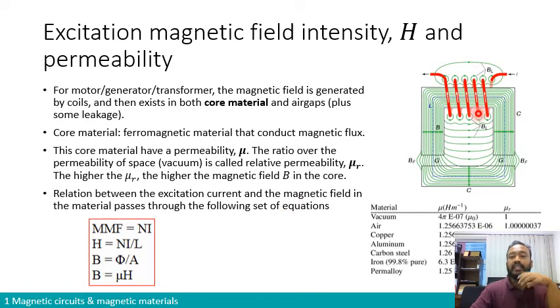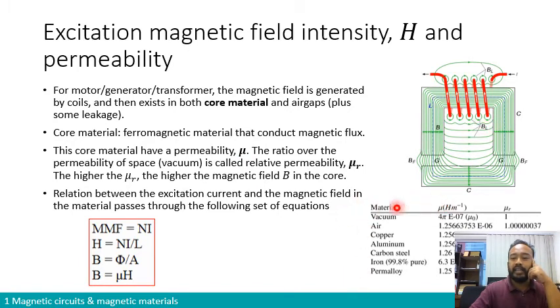In order to intensify the magnetic field, we put inside the coil a certain material that we call core material. Core material is a ferromagnetic material that conducts magnetic flux better than space or air. This core material has a property that we call permeability. Just now we had the permeability of space, mu 0. Now every material has a permeability.